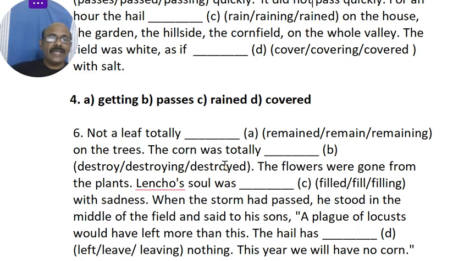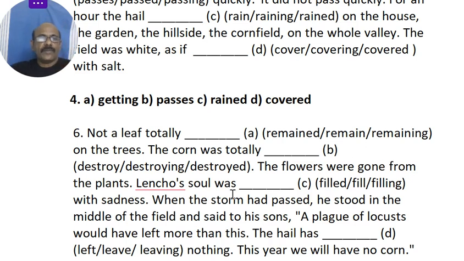Not a leaf totally dash on the trees. That means here nothing is on the trees. Nothing is left, totally. So nothing remains. The corn was totally dash. Was plus V3, passive. So destroyed. Was destroyed by hailstones.